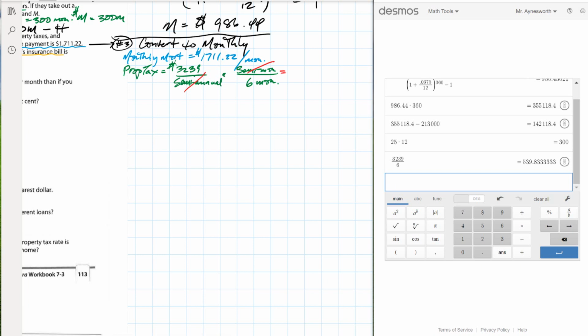If it's about 3,200 for every 6 months, then it's obviously going to be less for each month. You simply divide it by 6, and you get 539.83 per month.